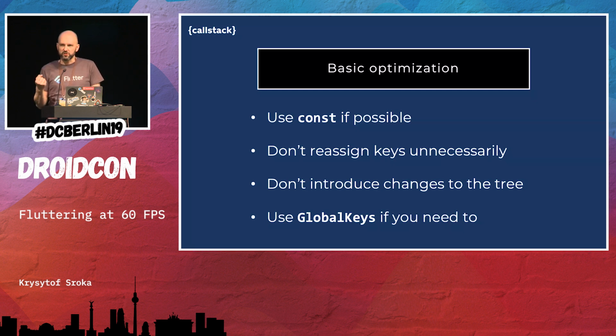The other thing you shouldn't do refers to the second part there. You shouldn't reassign keys. Keys should really tell you what the widget underneath is. You shouldn't, let's say, build a new key because a value of a widget changed. It should be more semantic information of what happened.